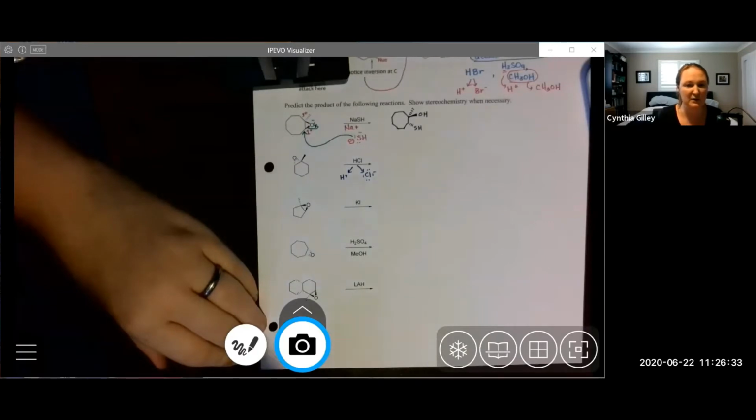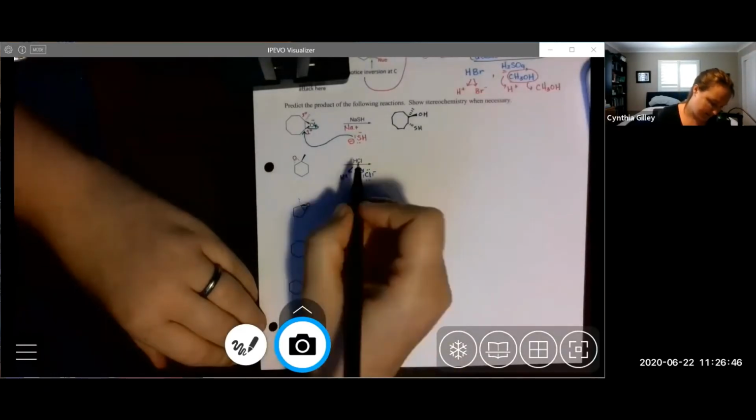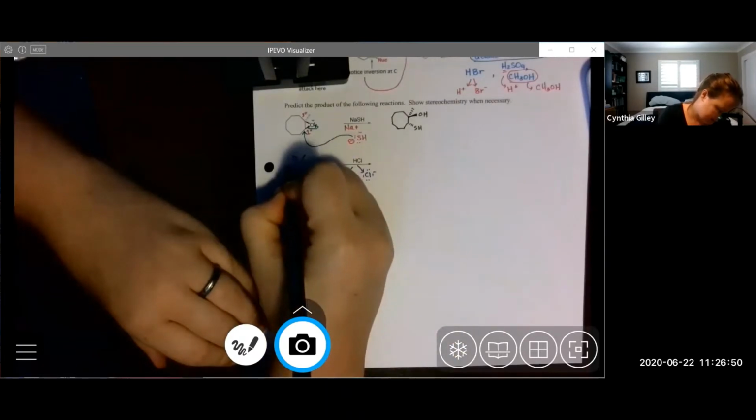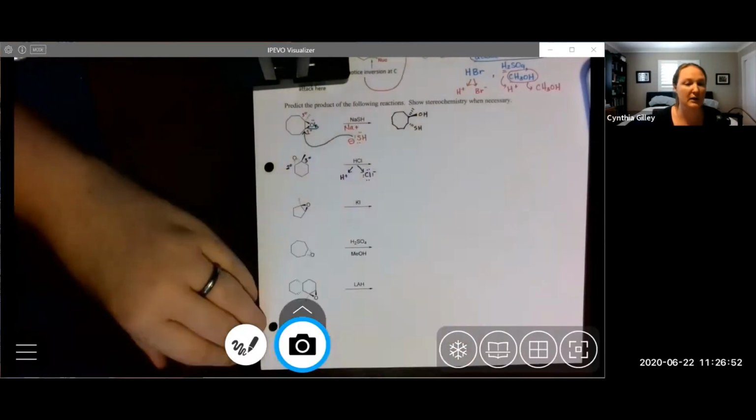Once we go through these, I'll give you an explanation of that in case it wasn't clear in the video for the activity. We look at the epoxide, a secondary versus a tertiary carbon. It's going to attack the tertiary carbon because of the acidic conditions.